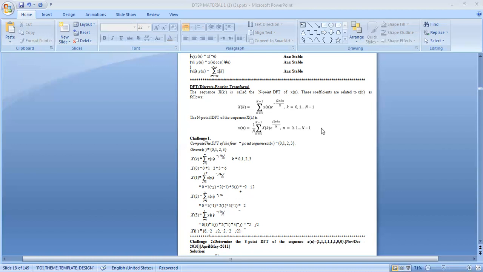Here you should note that we have e power minus j pi by 2, which is nothing but cos 90 minus j sin 90. What is the value of cos 90? Cos 90 is 0, and sin 90 is 1.